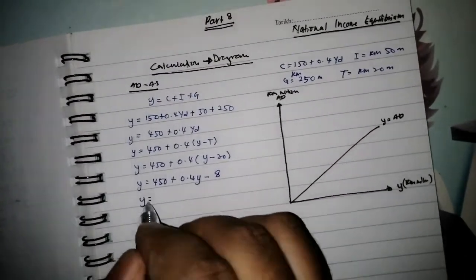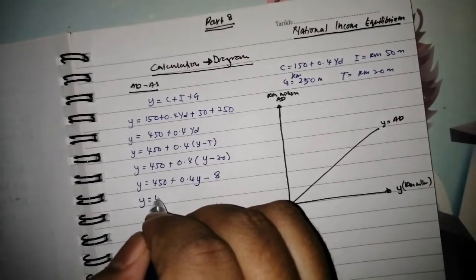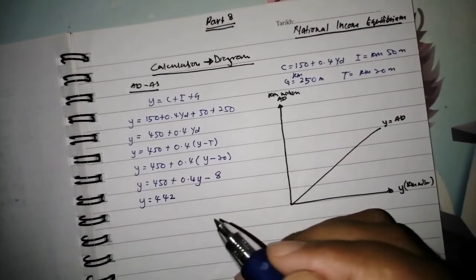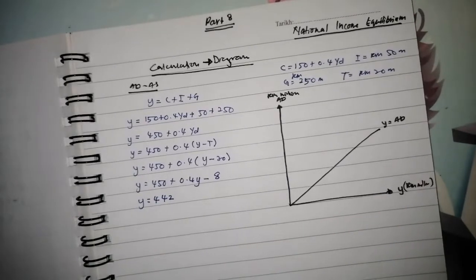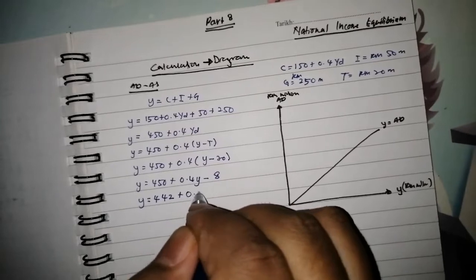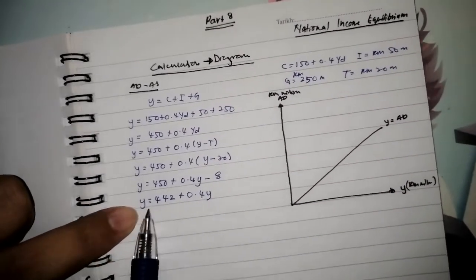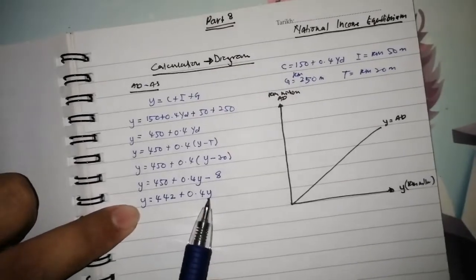So Y equal to 450 minus 8, 442, right? Plus 0.4Y. Okay, 442 plus 0.4Y.